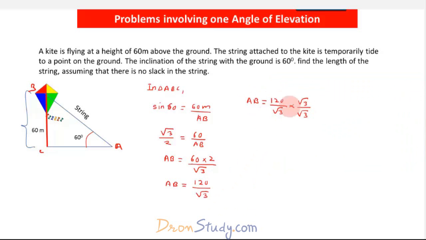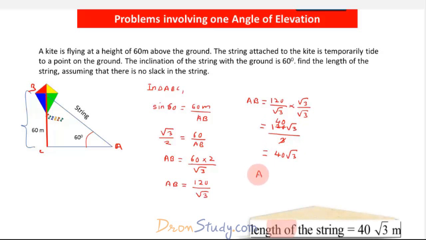The numerator will be 120 root 3 upon root 3 into root 3, that will be 3. So 3 4s are 12, 3 zeros are 0. So AB is equal to 40 root 3, and therefore the length of the string is 40 root 3 meter.